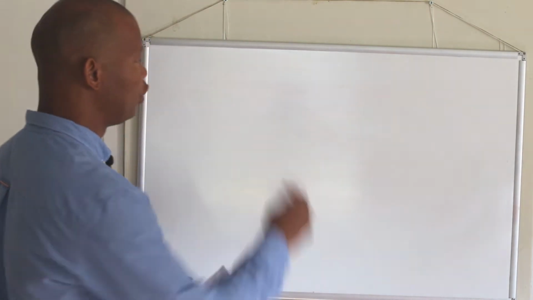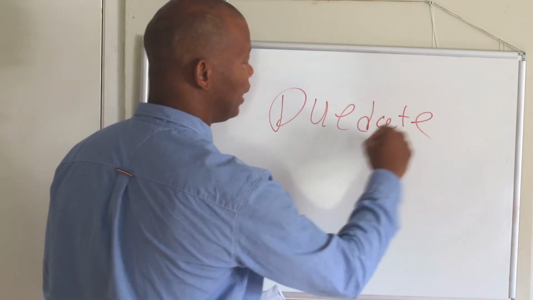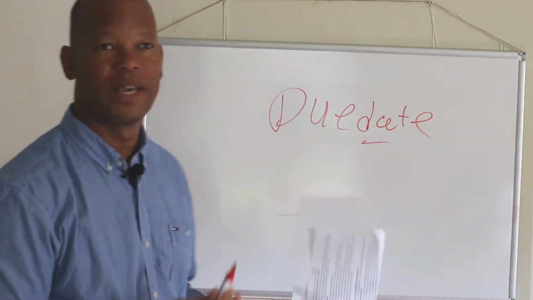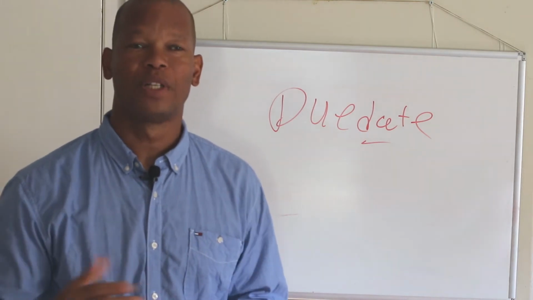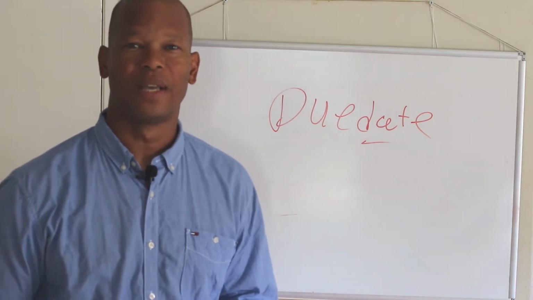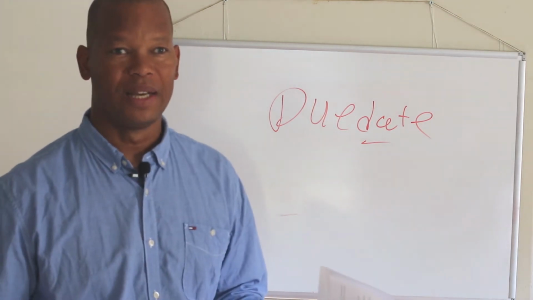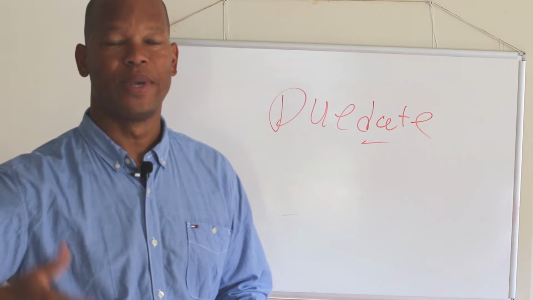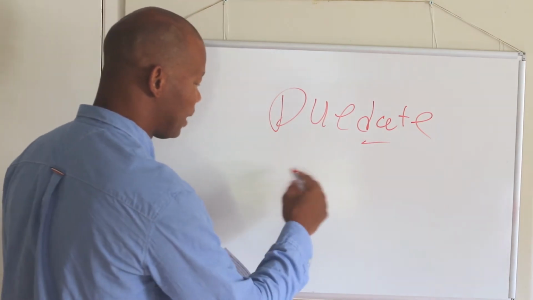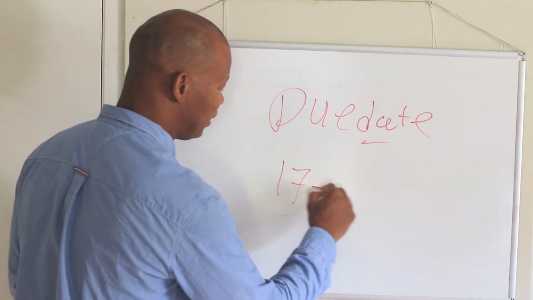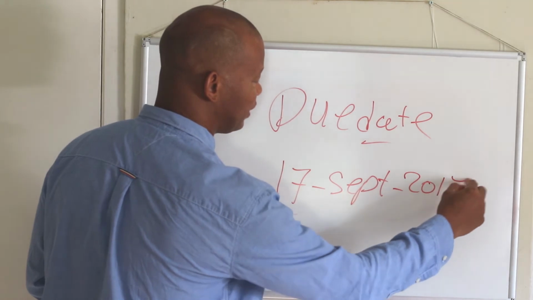The third thing, due date. I see a lot of task lists without a due date. Every task needs to have a due date. Often I put a due date at the end of the week, for instance on Friday. You can also put the due date in 2 weeks' time. But then you have to put a date in there. And the convention I'm using is 17 Sept 2017.